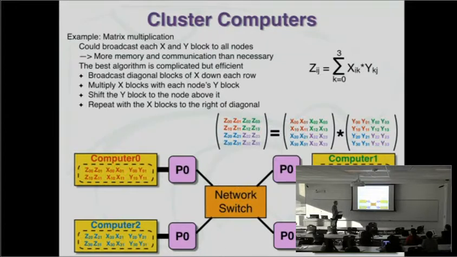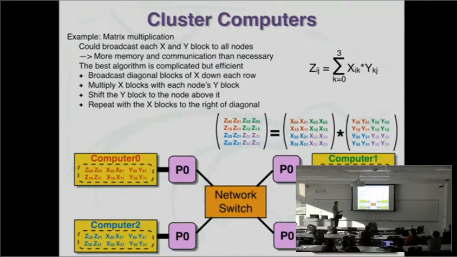So again, for Z0, we can do x0 times y0. We could do that before. We can do x01 times y10. We can do that before. We also need to be able to do x02 times y02. Well, we can't do that one yet still. But there are going to be some other ones on this node that we can do. So let's go to the next step.